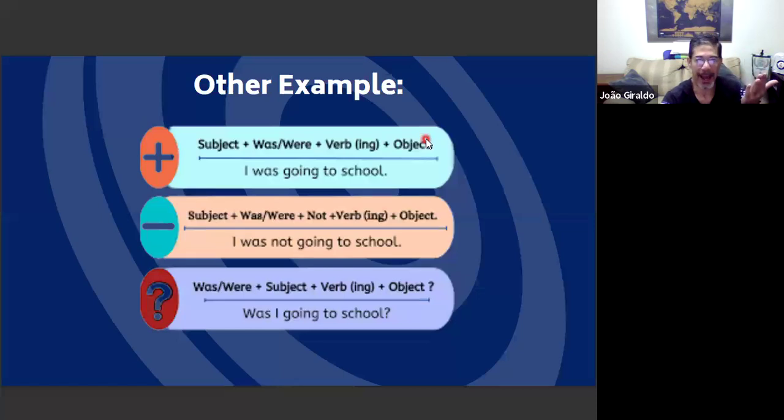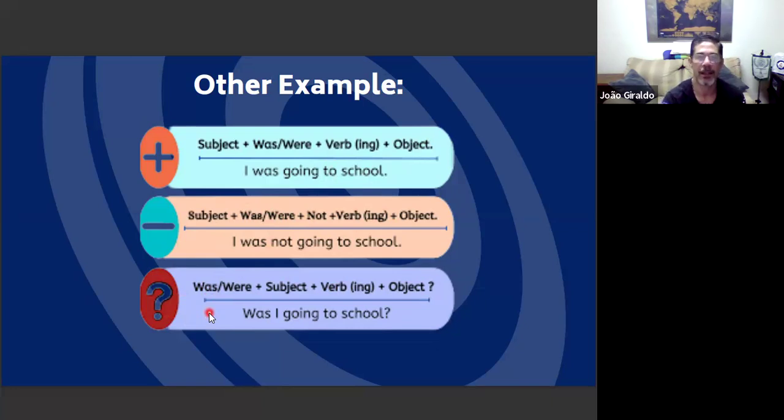Okay? In the negative of this sentence: I was not going to school. So you simply use not after your verb to be. Okay? And to form your interrogative, you only invert the position of your verb to be. So you start your sentence with the verb to be.